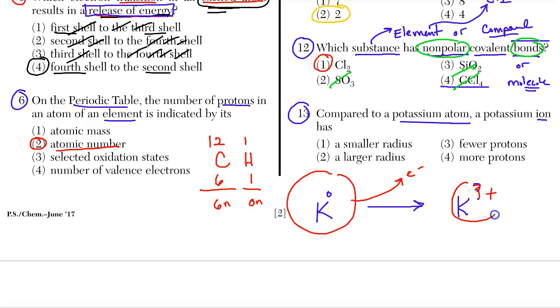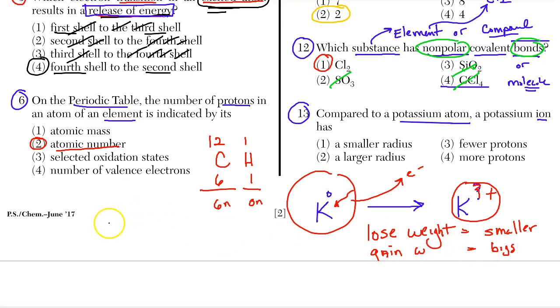It gets smaller because losing electrons means the remaining electrons feel the nucleus more and they get pulled in. Another easy way to remember: if you lose weight, do you get bigger or smaller? You get smaller. So think of losing electrons, you get smaller. And if you gain weight, you get bigger.